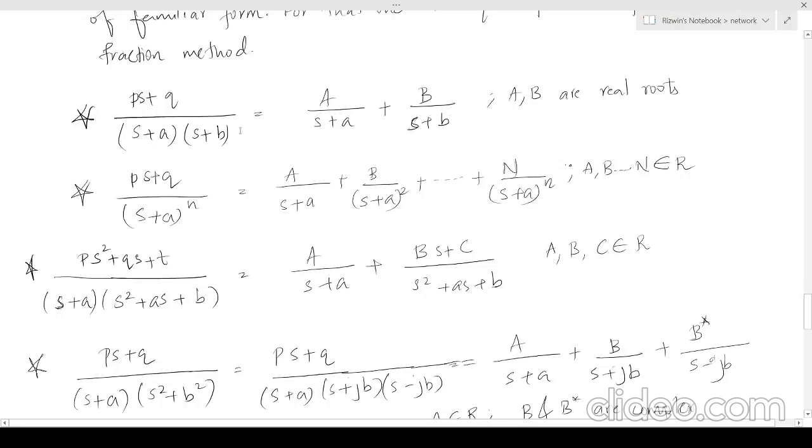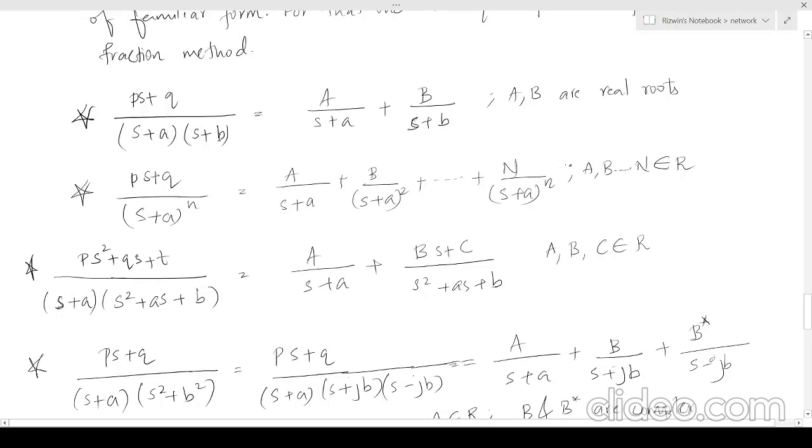Now let's discuss a few techniques for finding the partial fraction from a complex term like this on the left hand side. Here we have two simple roots, s plus a and s plus b. Initially it will be a product, s square plus (a plus b) s plus ab.